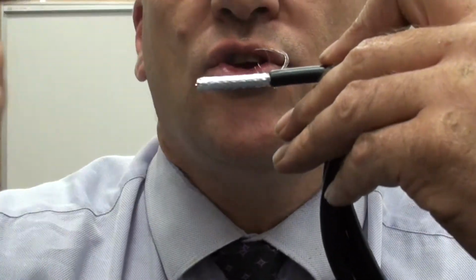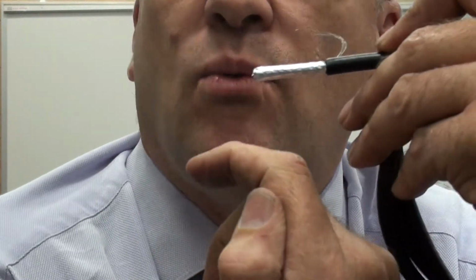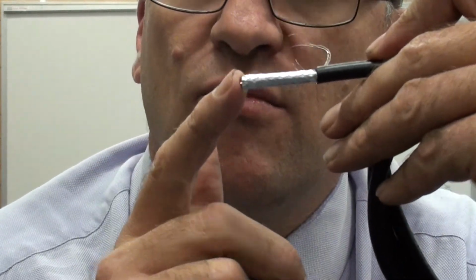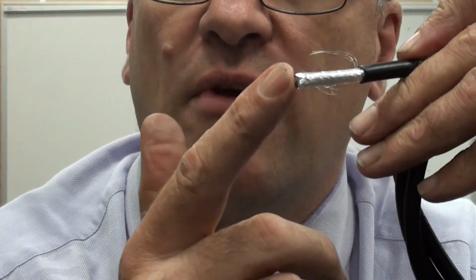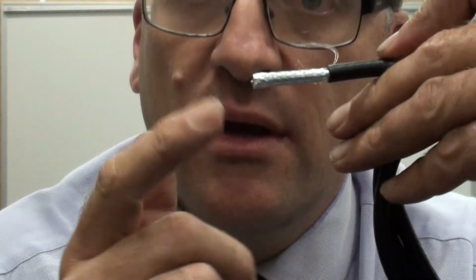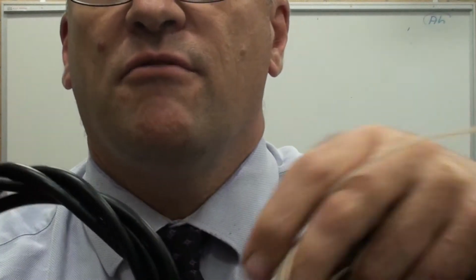Let's say the one on the top goes that way, the one on the bottom goes that way, the induced current produced by the changing magnetic field around this central cable. Coax cables are a lot more efficient than ribbon cables at carrying data because it completely eliminates electromagnetic interference.